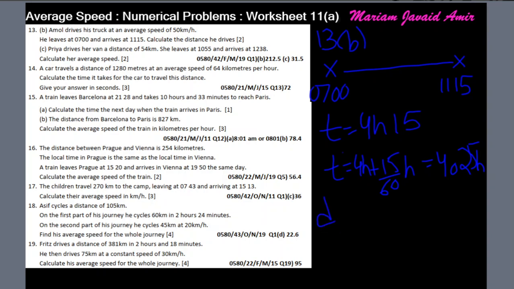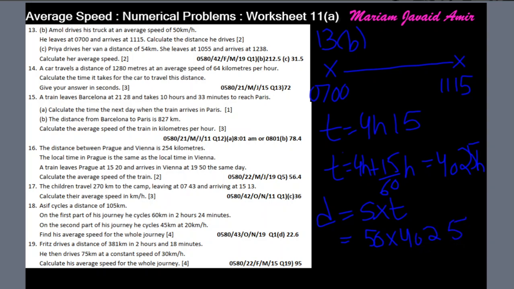Alright, next is calculate the distance he travels. So distance is speed times time. The speed is 50 kilometers per hour and the time is 4.25 hours.